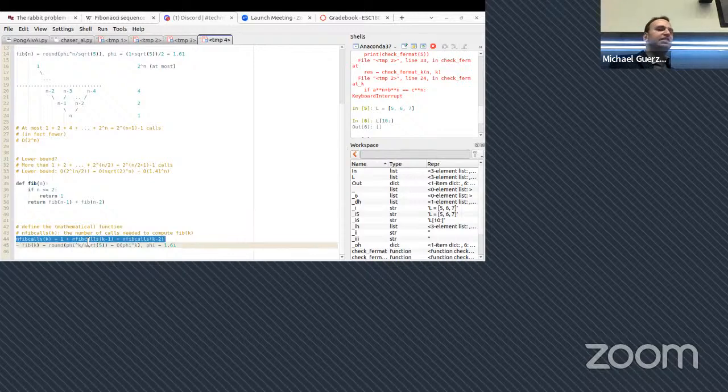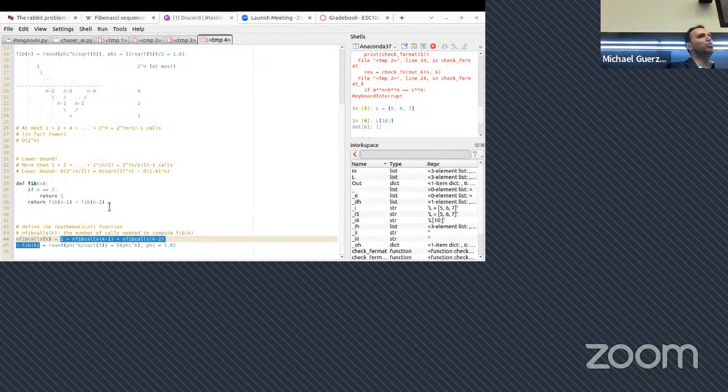But this analysis obviously, we couldn't ask you to do, for example, this part of the analysis on the exam, because how would you know that you get to say that it's approximately fib of k? You need to actually prove that adding the 1 doesn't make a huge difference.